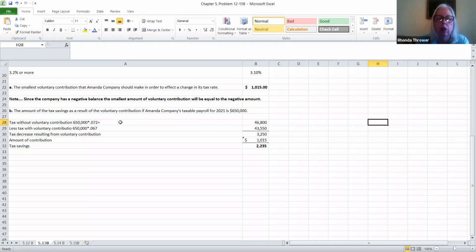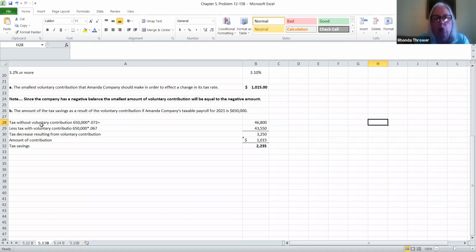In part B, they're wanting you again to figure the tax savings if you made that voluntary contribution of $1,015. The taxable payroll for 2021 is $650,000 this time.